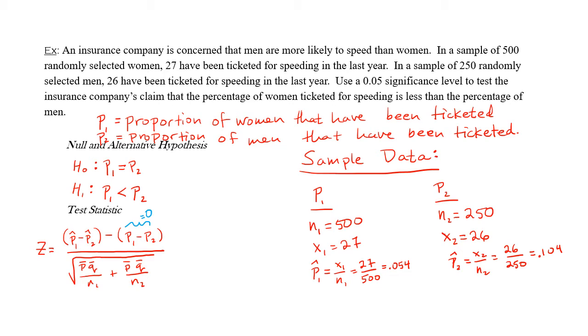Now let's compute P bar and Q bar. So P bar, remember, is the combined samples. So 27 females, 26 males. And then the total was N1 plus N2, so 500 plus 250.